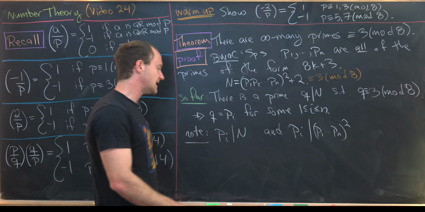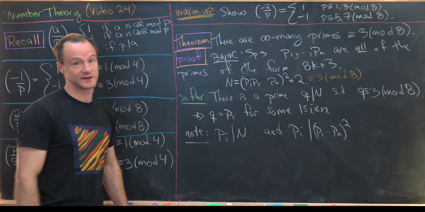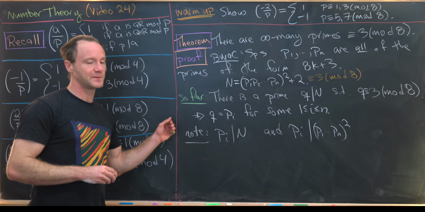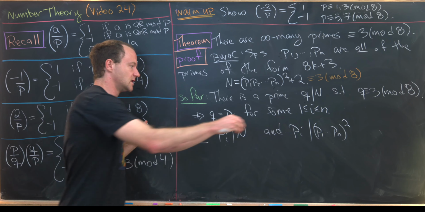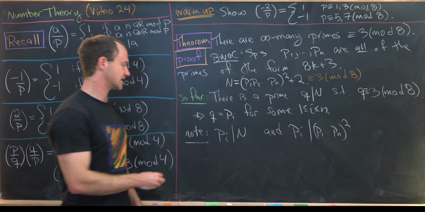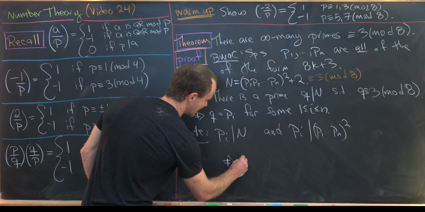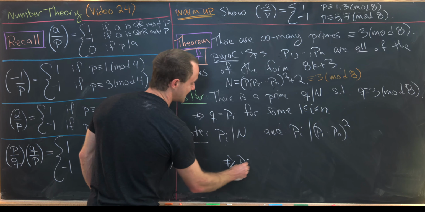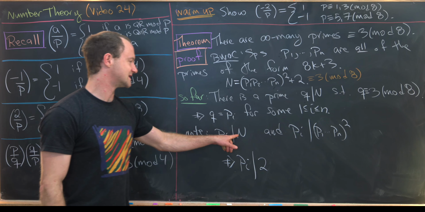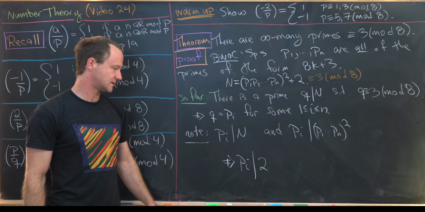But that means that Pi divides the difference of these two. We've used stuff like this a bunch of times. If we have something dividing two objects, it must divide the linear combination of those two objects. In this case, if we take this difference, we see that Pi divides 2. Notice 2 is equal to n minus this.